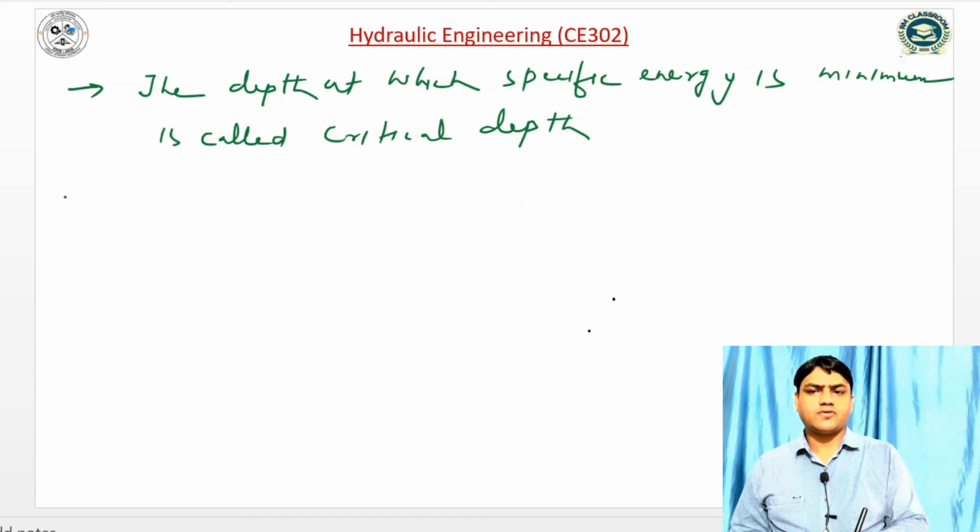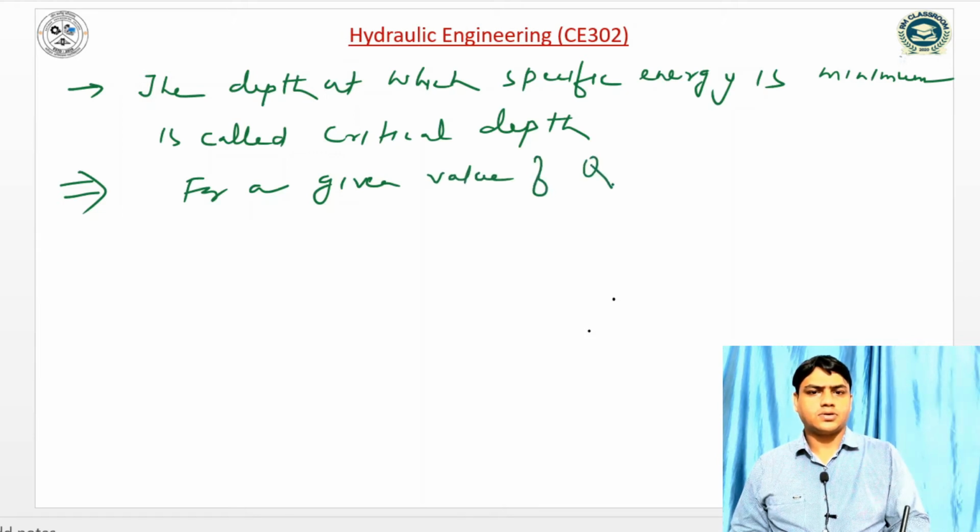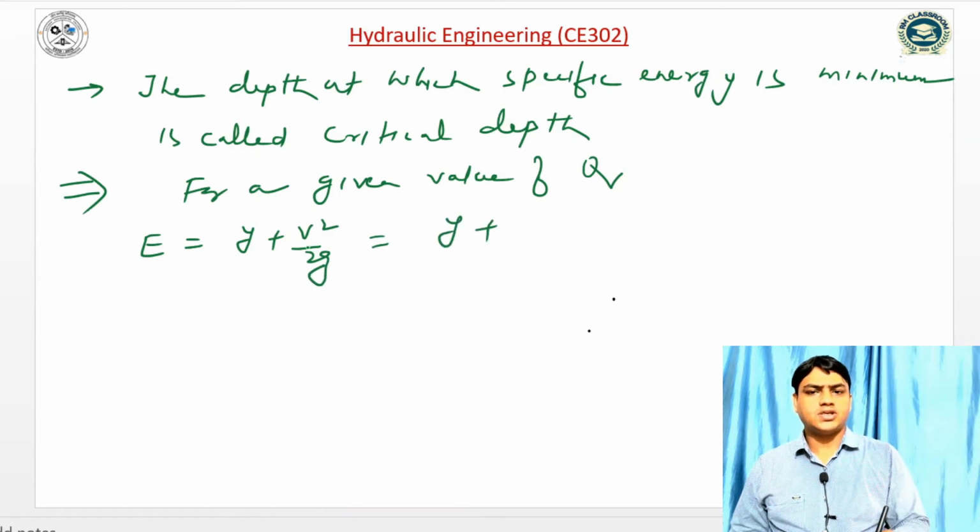What is the expression for critical flow? So for a given value of Q, the specific energy can be written as y plus V square by 2g, and since V is equal to Q by A, we can write y plus Q square divided by 2g into A square.